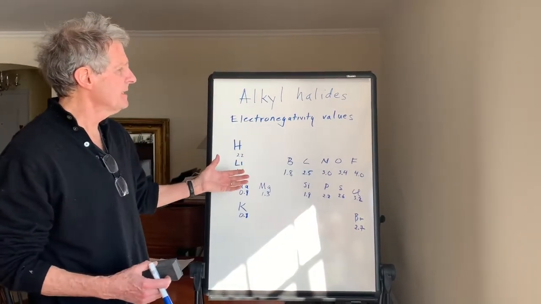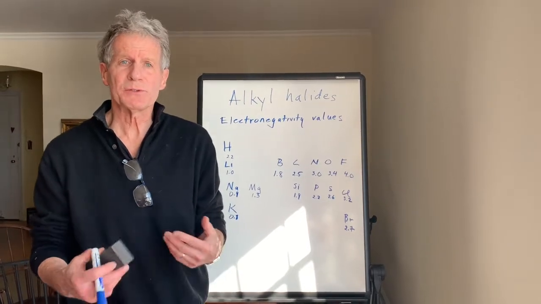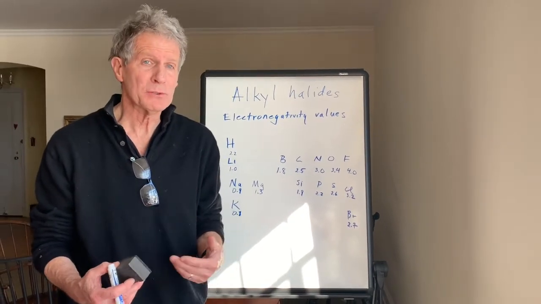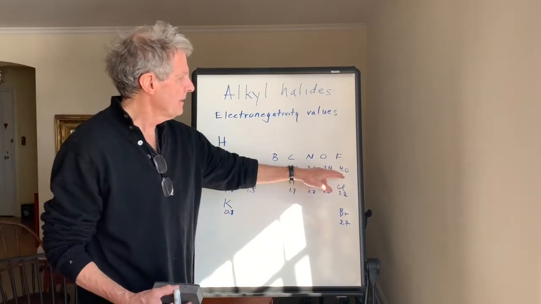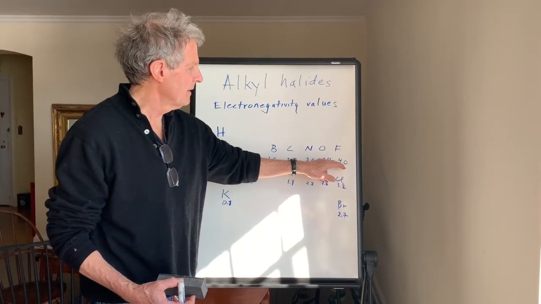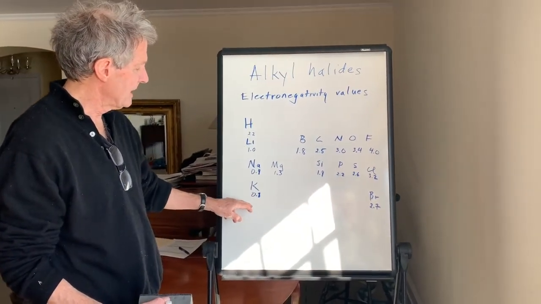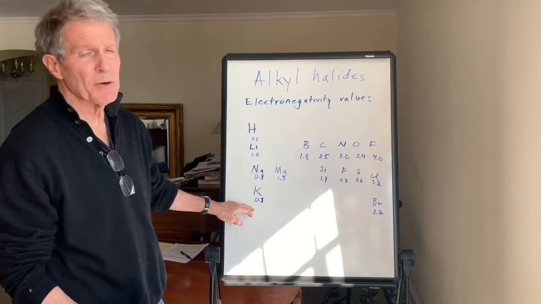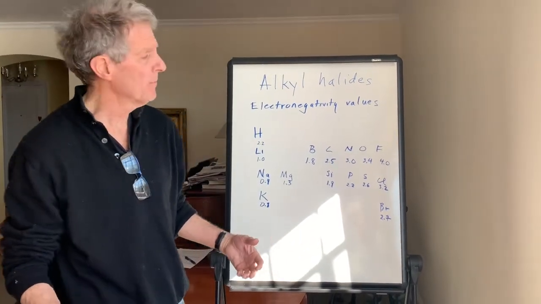He assigned values that describe the tendency of a nucleus to attract electrons in a bond towards it, and ranked them. And here are the values. Fluorine is the highest with 4.0, and down here in the lower left of the table is potassium at 0.8. So the whole range goes roughly from 0 to 4.